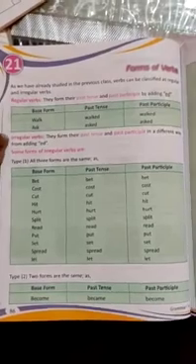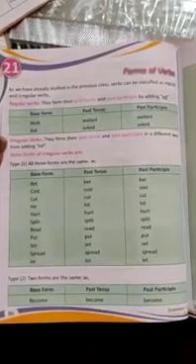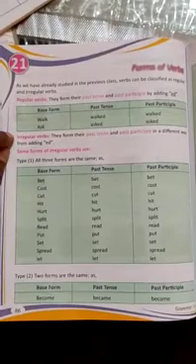Now the second form is irregular verbs. Irregular verbs form their past and past participle in a different way from adding ed. That means it is not necessary to add ed; the forms are entirely different words from the regular verb.